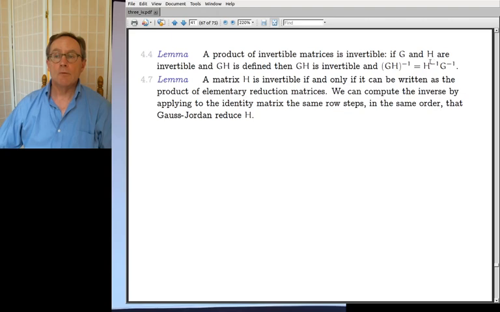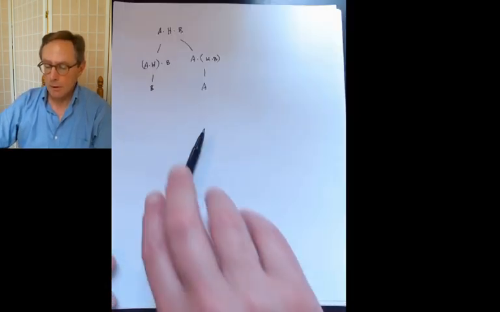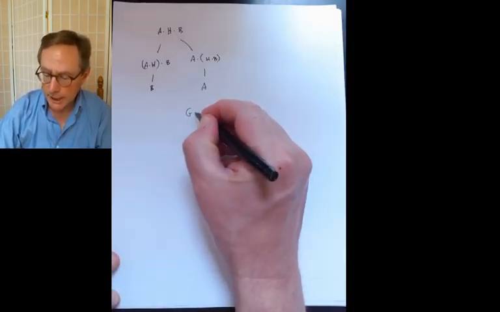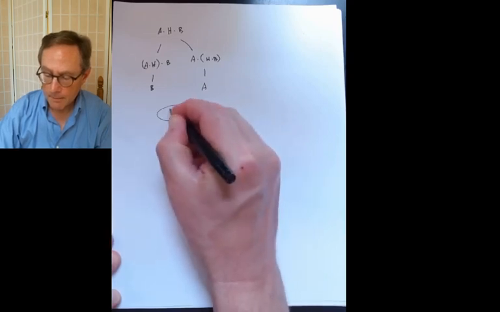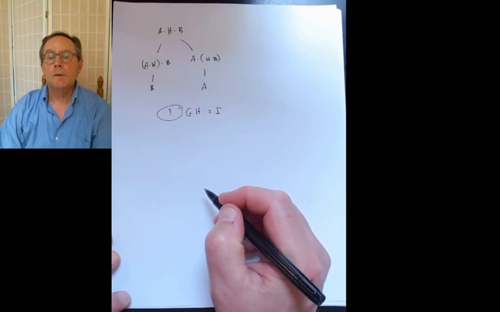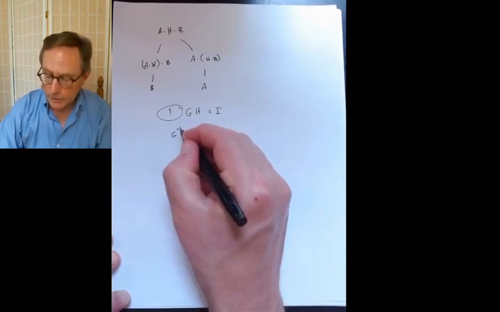You just say to yourself, what does it take to get rid of GH? Well, first you want to stick in a G inverse to get rid of the G. Let me go to the scratch work. There we go. So what does it take to get rid of GH? Of course, what you want to do is get rid of the G first.